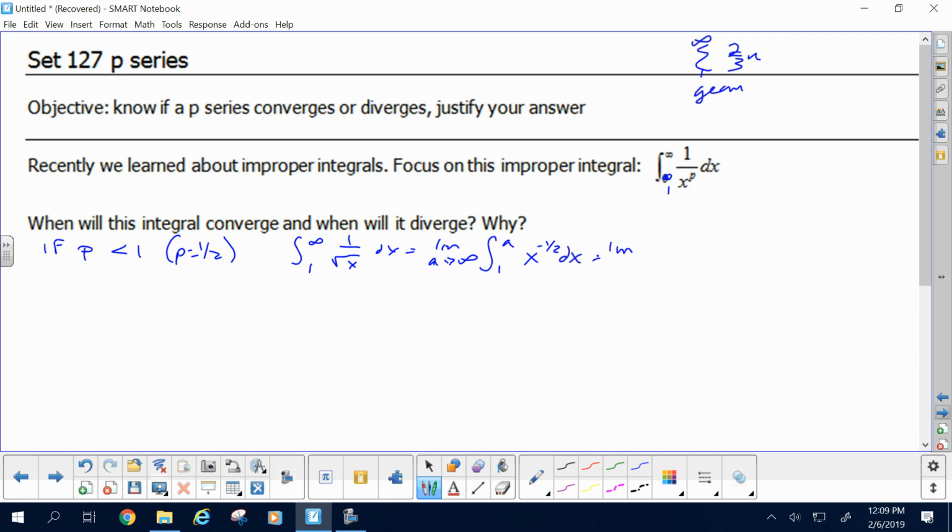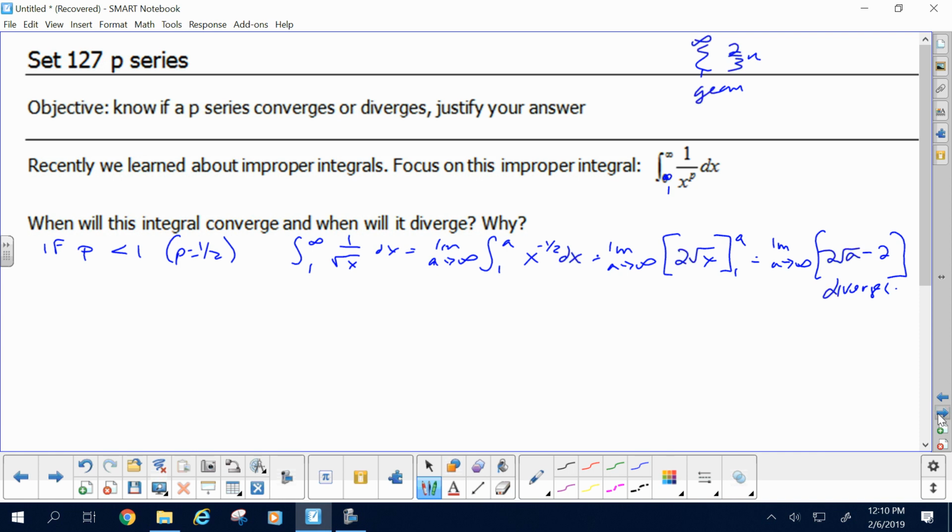If I integrate that, x to the negative 1/2 by power rule becomes 2 root x. Now that is the limit as a goes to infinity of 2 root a minus 2, and that then diverges, because as a gets large, the result gets large. Infinity minus 2 is still infinitely large, okay?